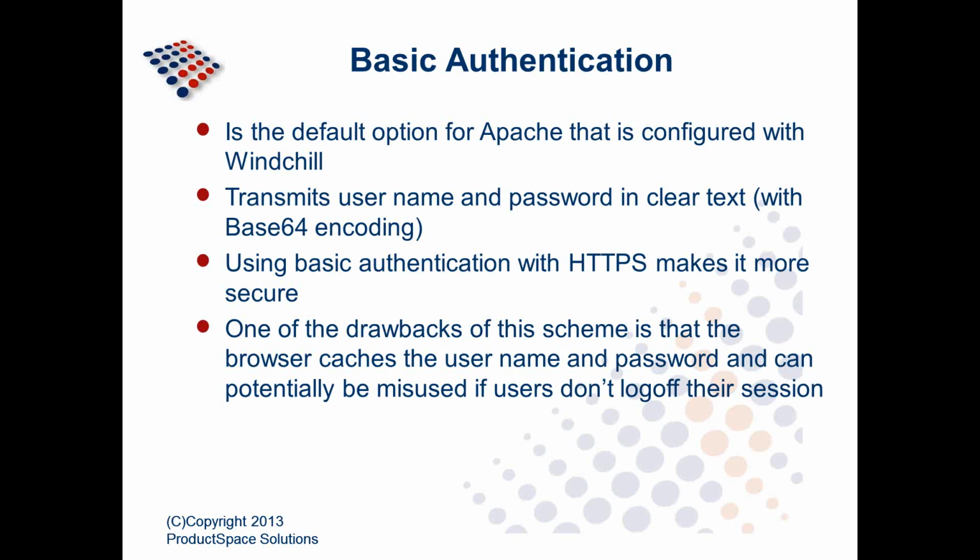If you're using this with standard HTTP, if anybody can get to your network and get the traffic, the username and password can be easily decoded. It's not encrypted, it's just using a simple base64 encoding, which can be easily decrypted.